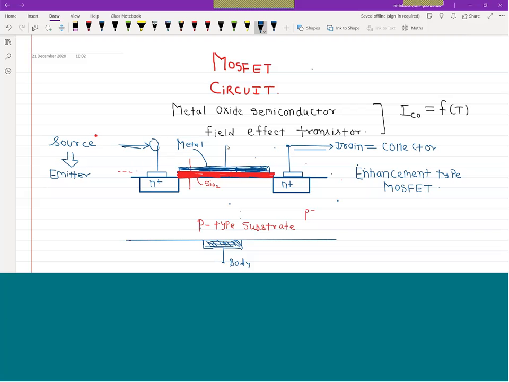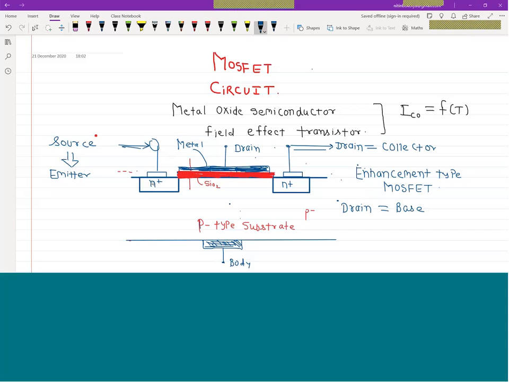And the third terminal is the gate terminal, which is the base in the BJT. So these are all the terminals, and this is the basic structure of the MOSFET circuit.